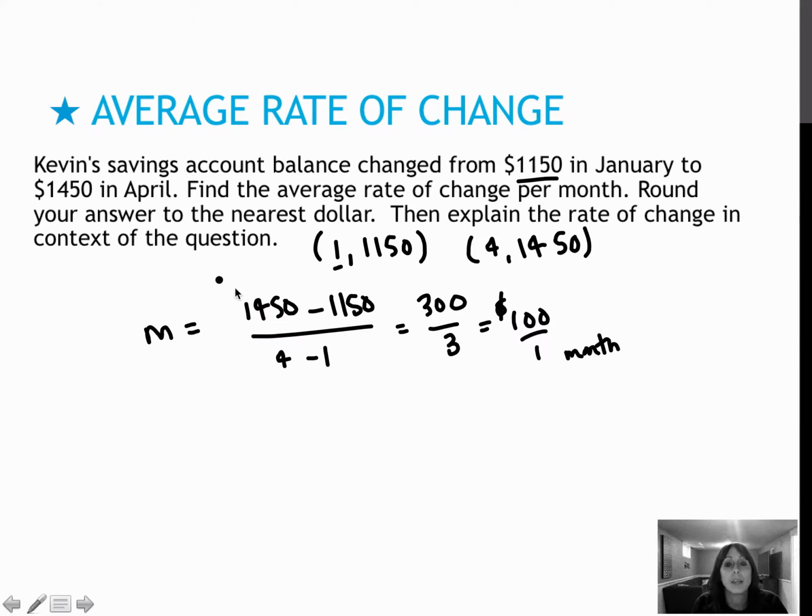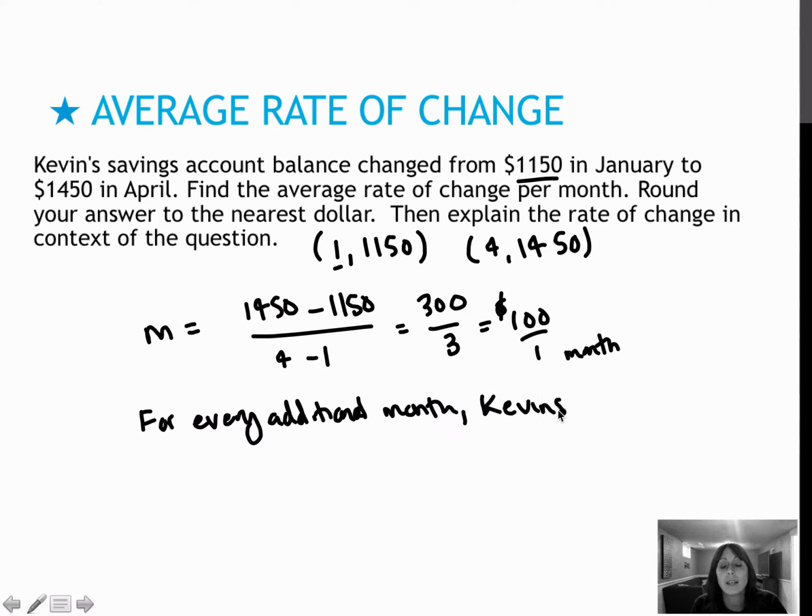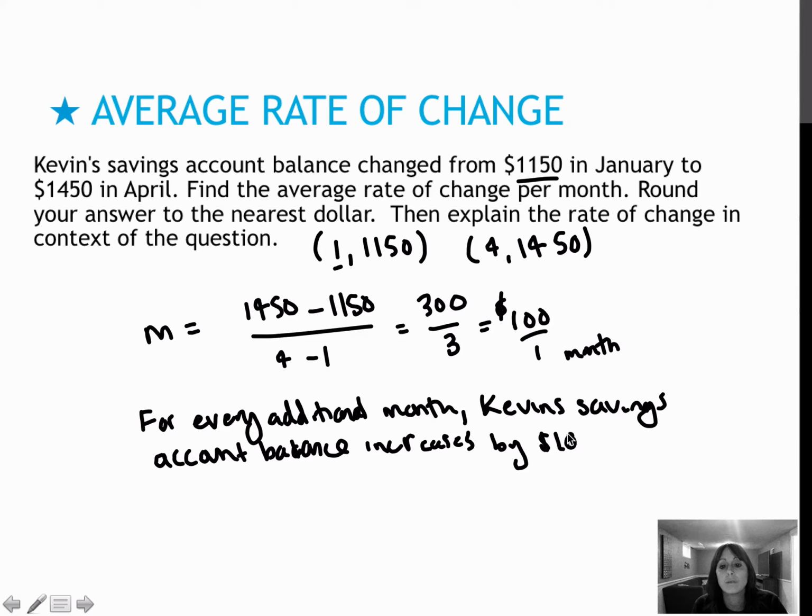So to explain the rate of change, I would say for every additional month, Kevin's savings account balance increases by $100. So that's interpreting the 100 over 1.